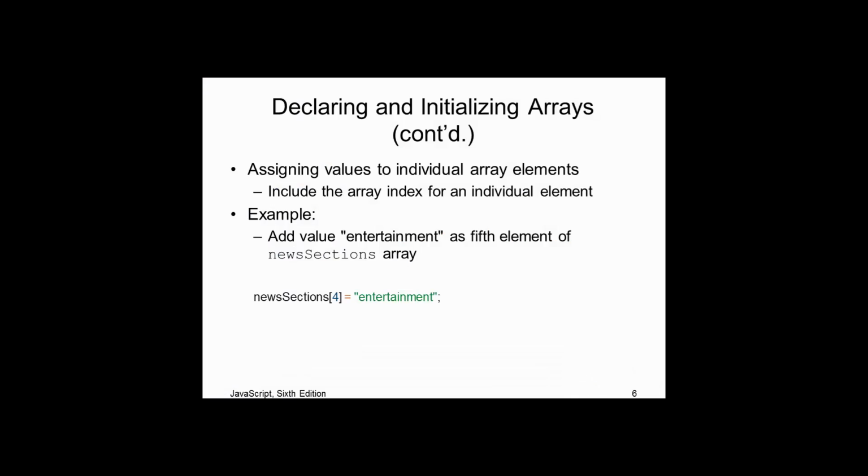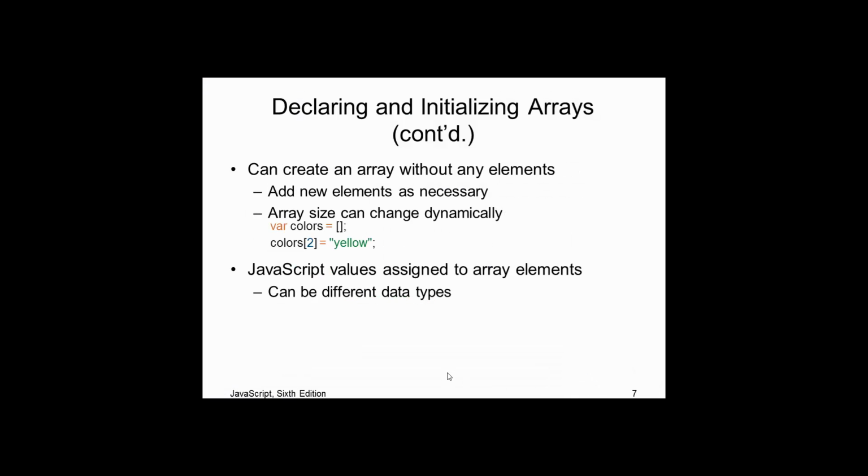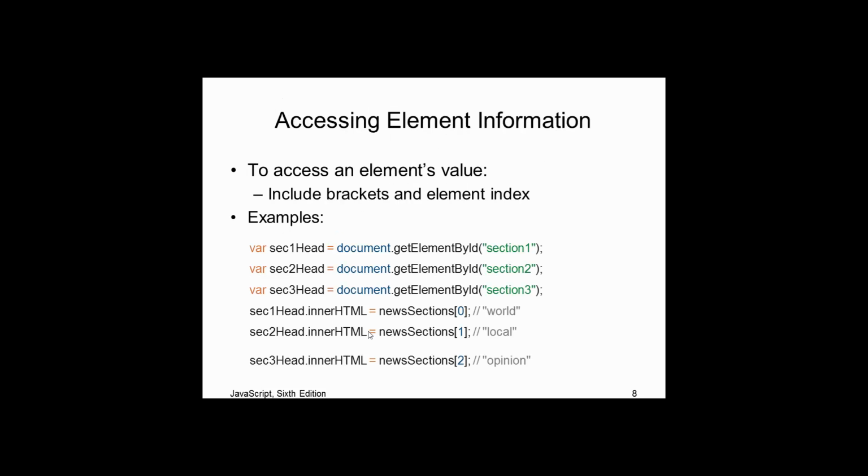So let's open up the PowerPoint here. We talked about the arrays being different data types. That's good. I'm going to draw everyone's attention to this for a moment, because right now when we've been doing our output, we've been using a text box or an alert up until this point, but we haven't really updated, let's say, a heading like an h1 tag.